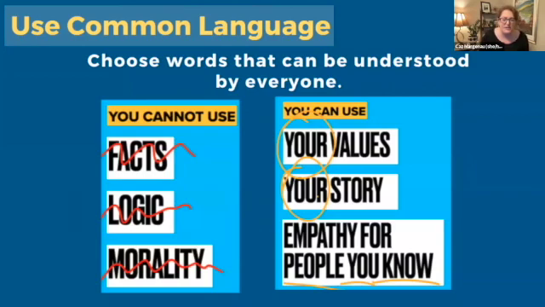We showed that progressives are traditionally raised to care about everyone, and conservatives care a lot about people that are in whatever groups that they define. Therefore, if you keep talking about people that are within your group, so personal to you, then you're going to be able to share that story across the entire spectrum. So again, you can use your values, you can use your story, and you can use empathy for people that you know.